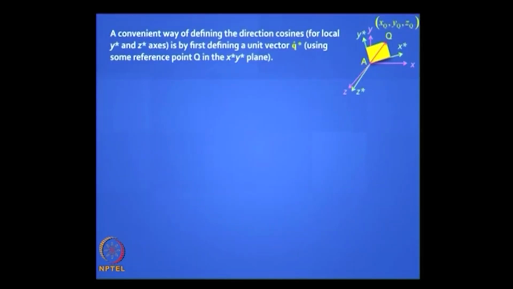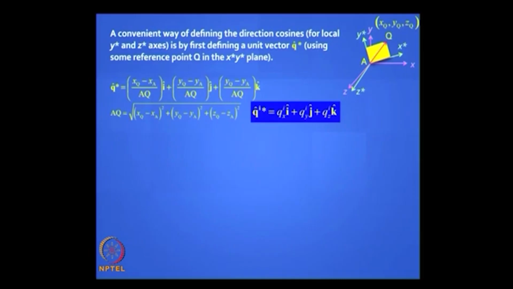Then if you write down the vector AQ and normalize it, you have a unit vector in that plane. So get some Q, define its coordinates, and then you can write down a unit vector q star.